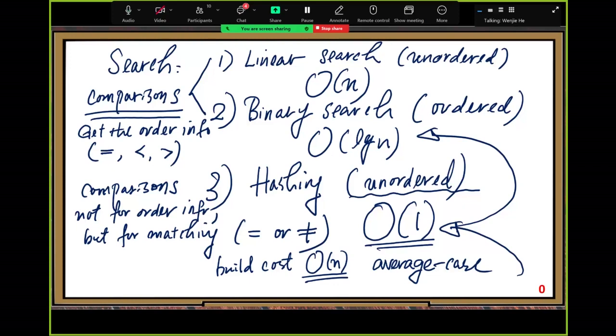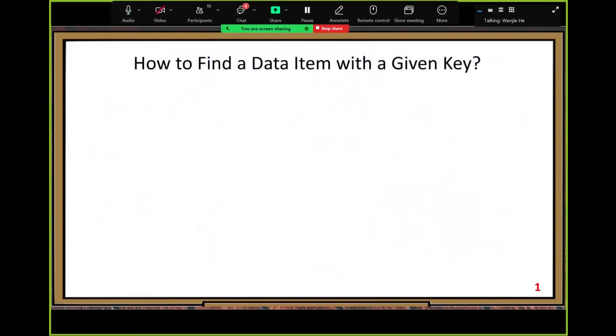All right, let me talk about the main ideas of this technique. As an introduction, first I need to give the story from the very beginning, as the background. How to find a data item with a given key?